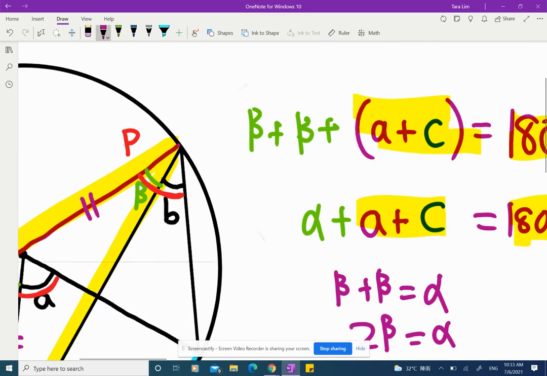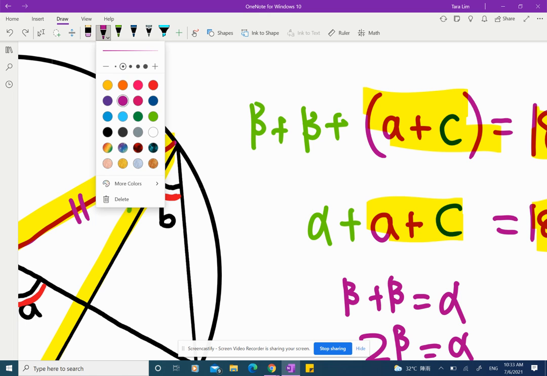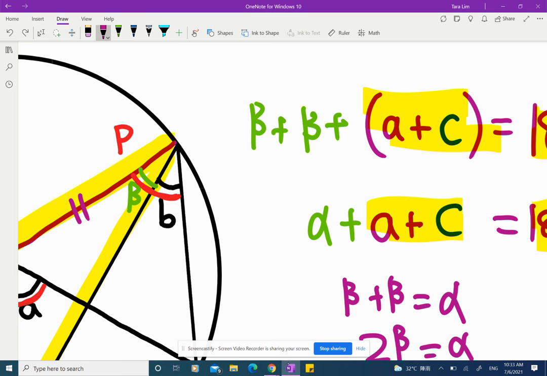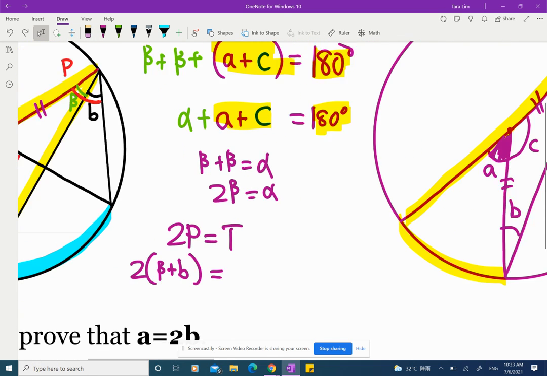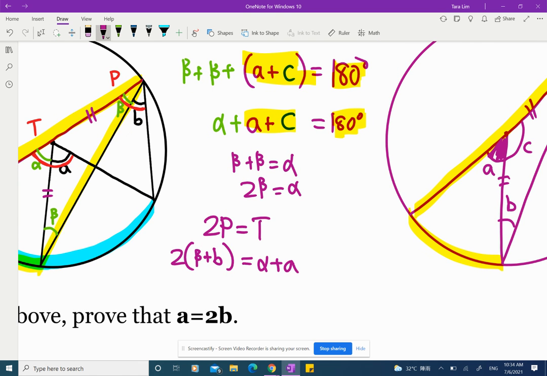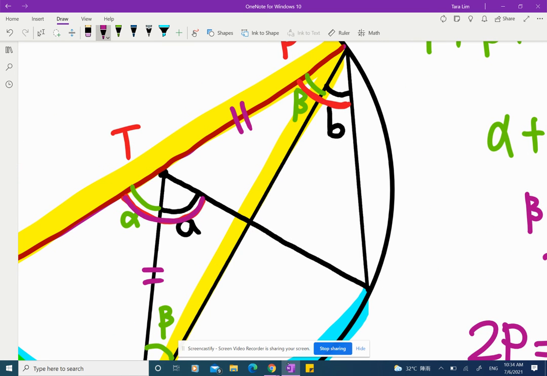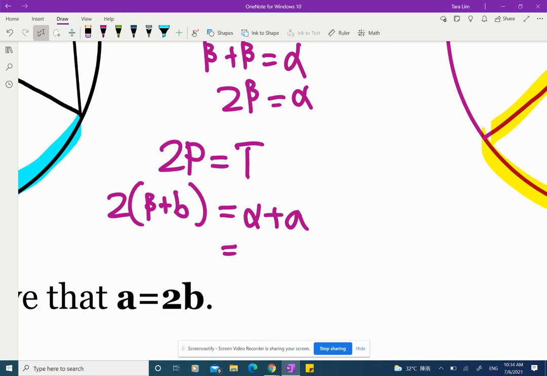Because the angle here plus the angle here, this one is P. We did this because we used the red color and we drew the whole angle, which is beta plus B. So P is beta plus B. Now T is alpha plus A, because here we drew a big angle, and that includes alpha and A. So that means alpha plus A. So now I want to expand this.